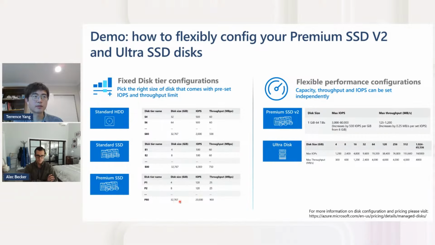But in real cases, maybe you don't need that big size of disk. However, in premium SSD V2, you can get 20K IOPS with a much smaller disk. You can provision the size you need, and in this kind of situation, you may actually be saving cost compared to provisioning a very large premium SSD disk. So that's the cost saving part for premium SSD V2.